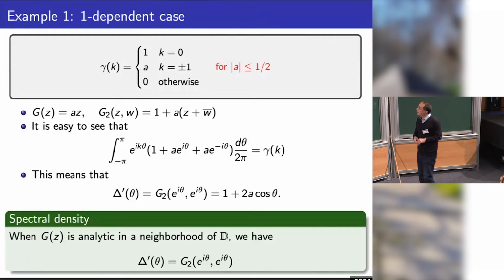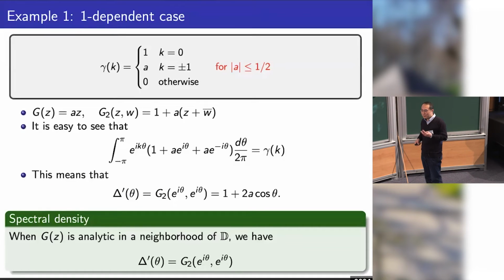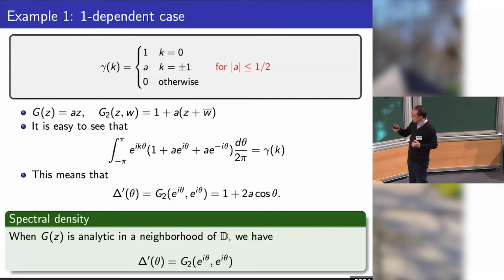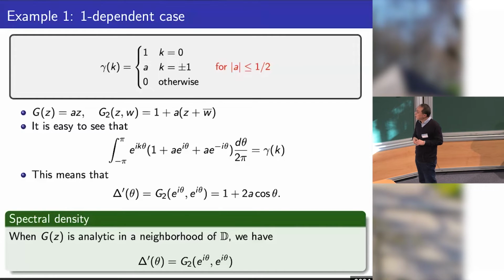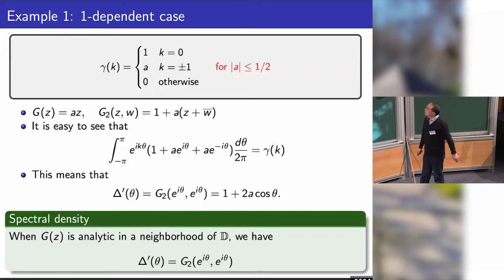Okay, so I will give you three very important examples. One is the simplest one, except i.i.d. Here it's called the one-dependent case. The gamma k is 1 at k equals 0 and a at k equals plus or minus 1, and otherwise 0. So it is a very simple covariance kernel.